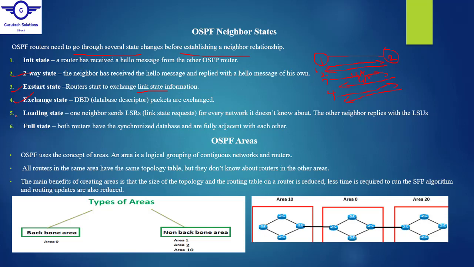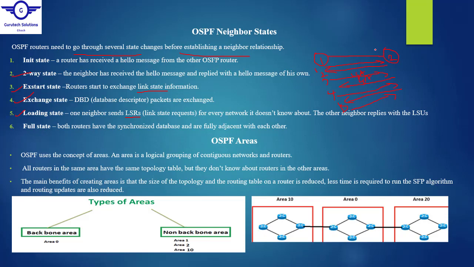And now number 5, the loading state. One neighbor sends link state requests for every network it doesn't know. The other replies with link state updates. Let's say this is stage 5: router 1 is sending link state requests to router 2 to inquire about the network it doesn't know.